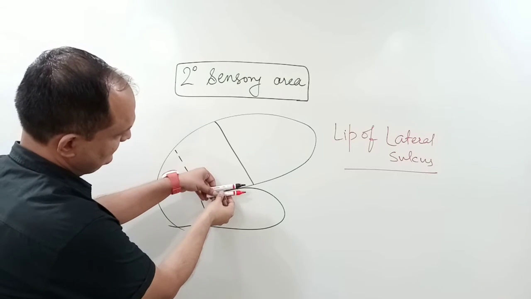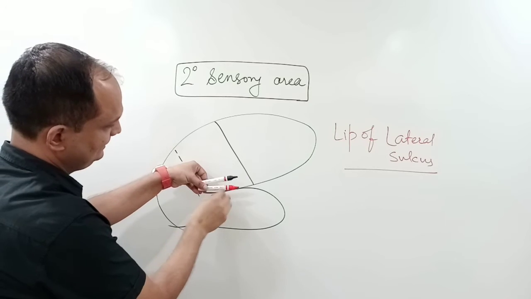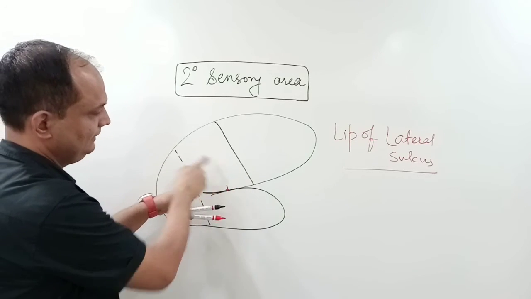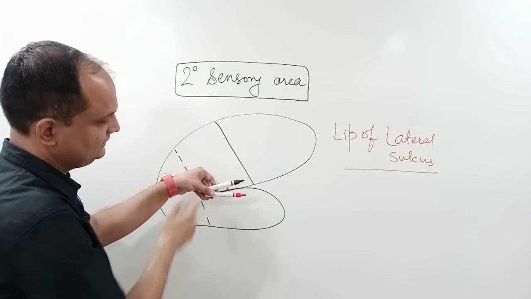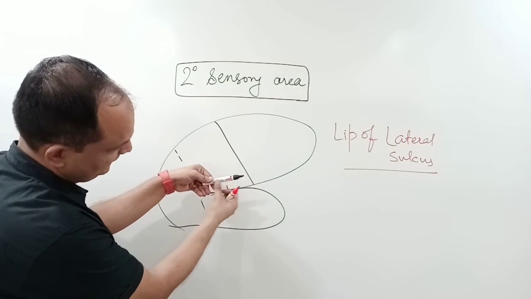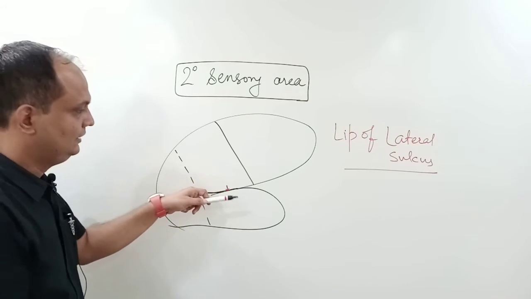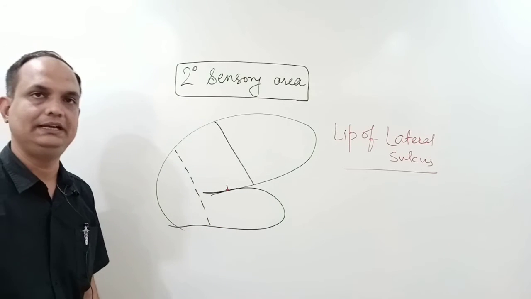It is a fissure. Below that you will have the temporal lobe and above that you will have the parietal lobe. Along the upper lip of this fissure, the lateral sulcus, you have the area known as the secondary sensory area.